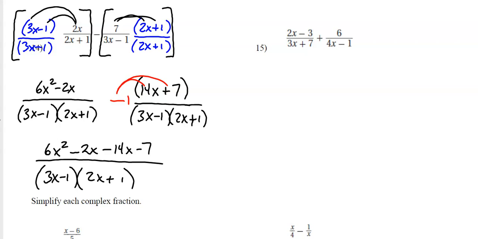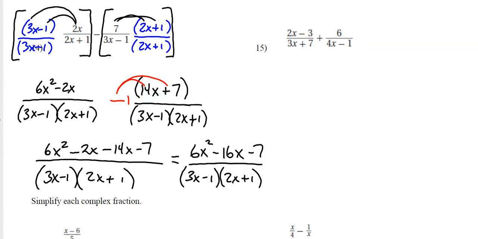Now I need to clean up the top. The 6x squared is the only term. Negative 2 and negative 14, that's negative 16x, minus 7. All over. I should just draw arrows, but whatever. Final answer, boom.